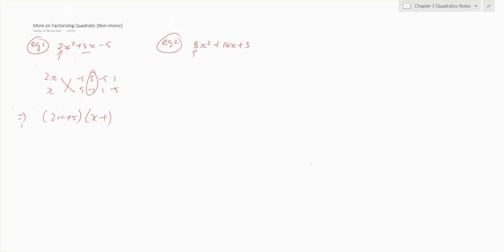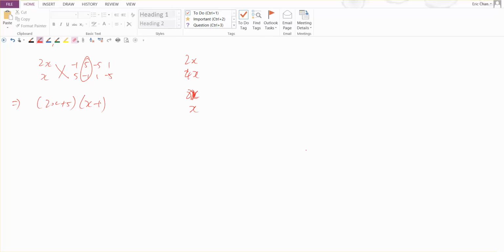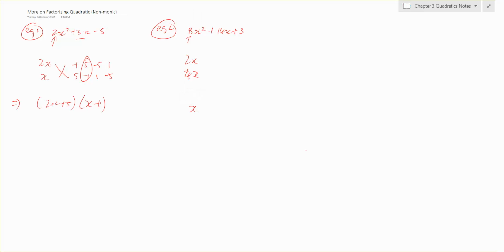For example 2, it's a bit more complicated because to get 8x squared, we can have two different ways to get that. We can have 2x times 4x or 8x times x. Now we have to check all our possibilities. So the way we do that is we do cross products for both of them.